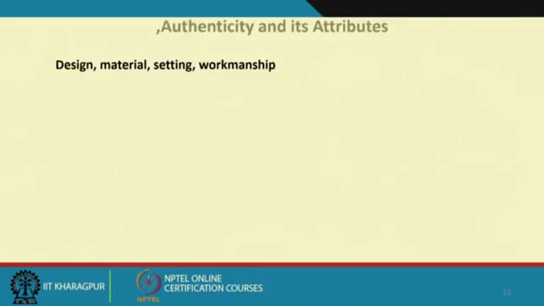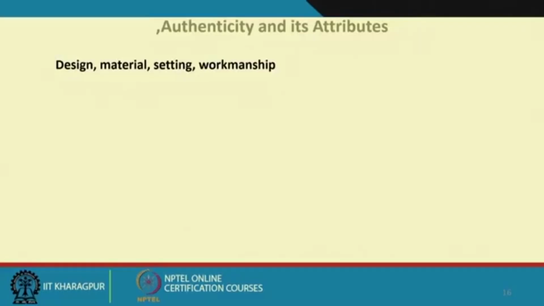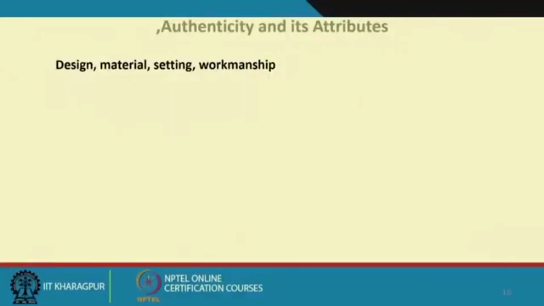Now, initially there were 4 aspects generally considered to understand authenticity. They were design, material, setting and workmanship. But over the years, as more types of structures from various other continents, Southeast Asian countries, India and other places came, there was a realization that these 4 aspects are not enough to explain the authenticity of a heritage resource.